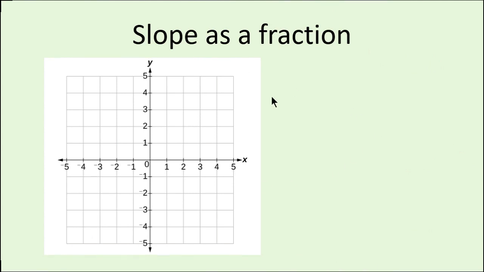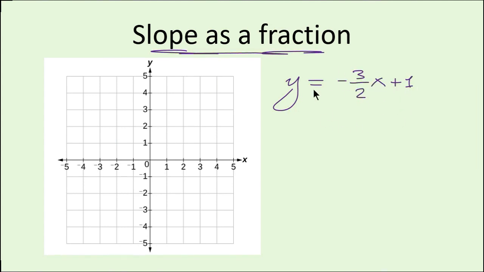Now, let's think about a concept of slope as a fraction. For example, sometimes on the SAT exam, you may stumble upon functions like this. y is equal to negative 3 over 2 x plus 1. How do we draw those lines? Well, the idea here is that the denominator of the slope fraction will be your run, so movement to the right, okay?